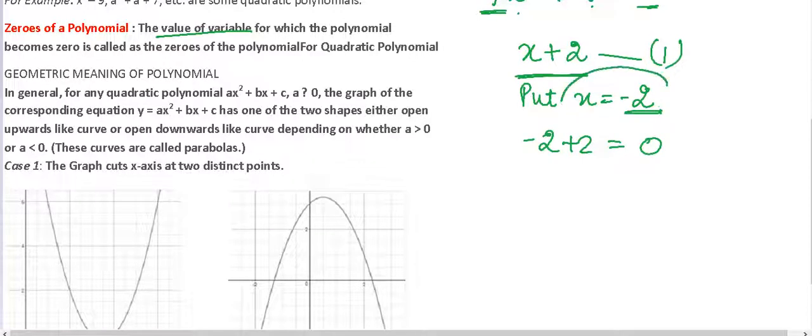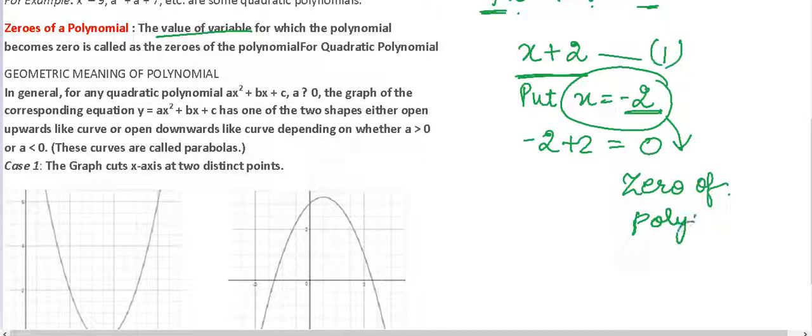So this minus 2 can be said to be the zero of the polynomial, right? Because by putting this value of the variable, that is minus 2, I get the whole polynomial as 0.